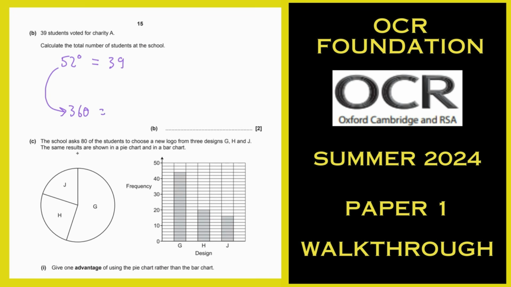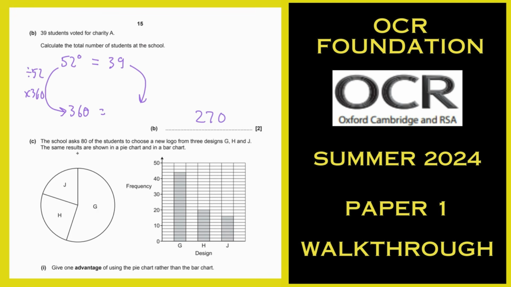Now, this is a very difficult multiplier, but doesn't matter. There's 2 ways of doing it. I sometimes say if it looks like a very awkward multiplier, divide by what you have and times by what you need. Do the same to both sides and you'll get your answer, which is 270.